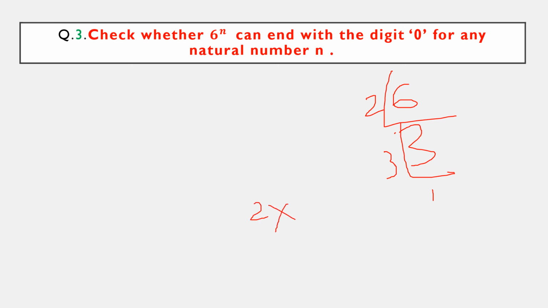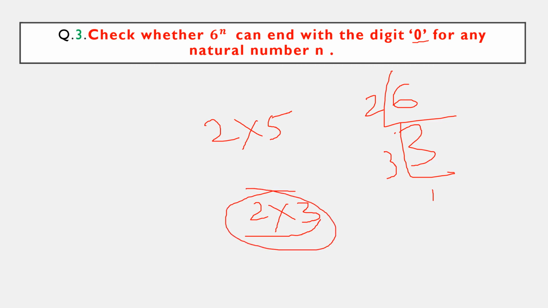But just now we have seen that if a number ends with digit 0, it should have 2 into 5 in its prime factorization. Right, but here there is no 5. In the prime factorization of 6 there is no 5. This 5 is not present here. So as there is no 5 in the prime factorization, it cannot end with 0.